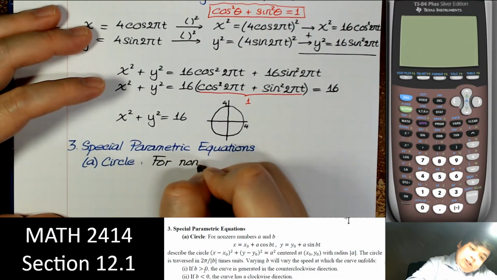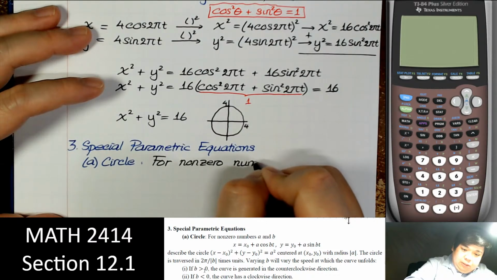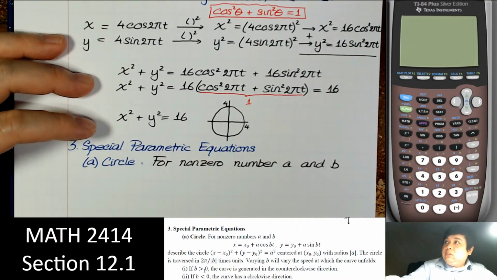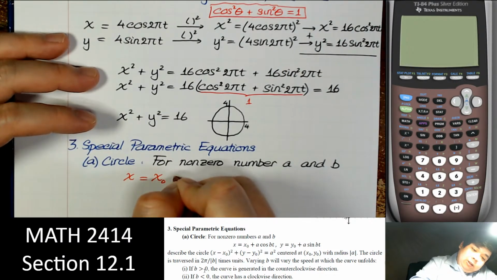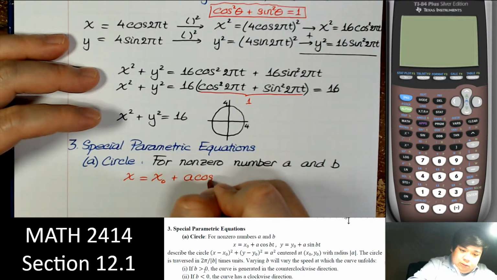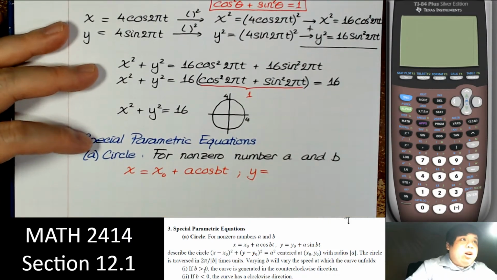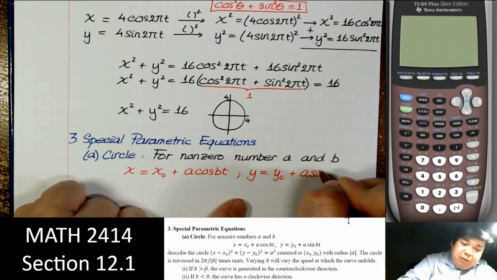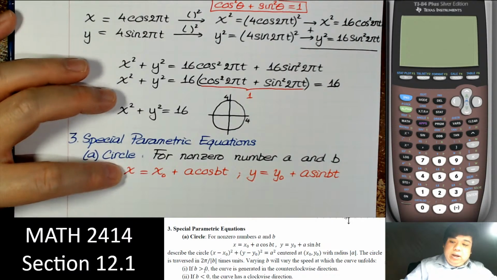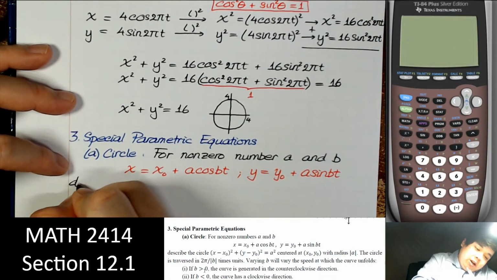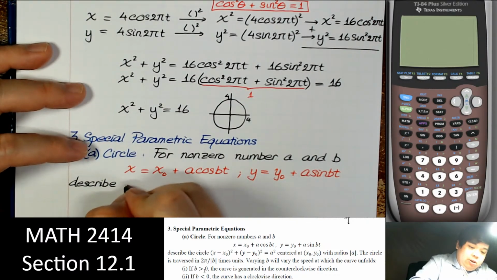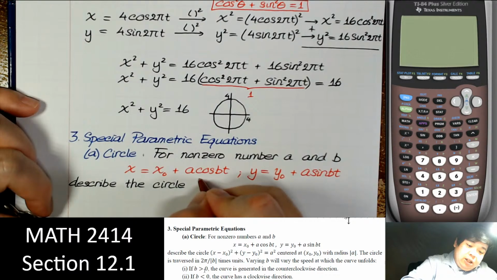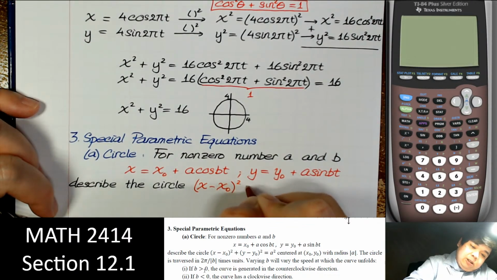For non-zero numbers A and B, if we write the equation x equal x naught plus a cosine bt and y equal y naught plus a sine bt, this will be a circle, and the equations describe the same thing as this equation.